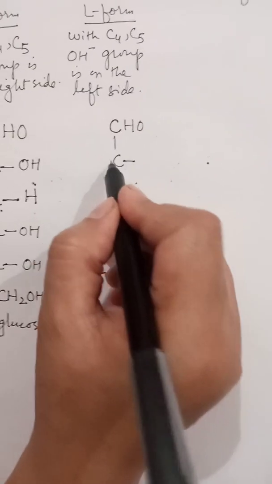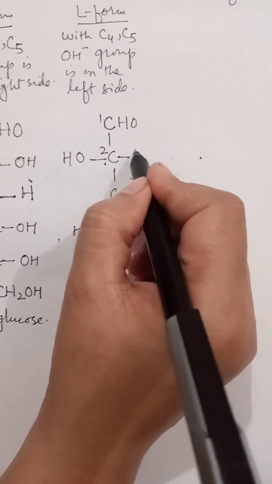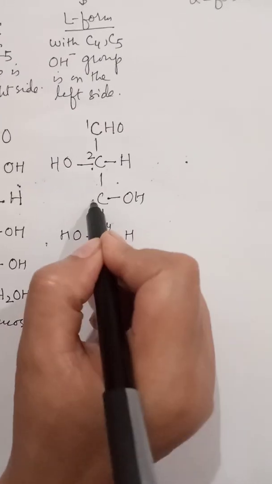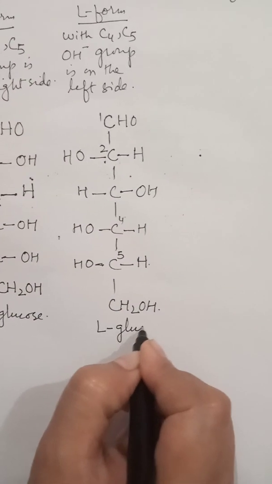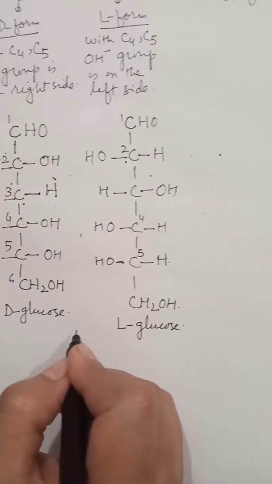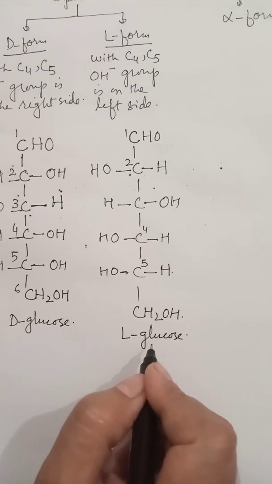Then again the same case with carbon number 2: the hydroxyl group will be on the left side, sorry, and hydrogen on the right side. And here I will write hydroxyl group and this is hydrogen. So this is L glucose, or levorotatory. D glucose means dextrorotatory, and L glucose is levorotatory.